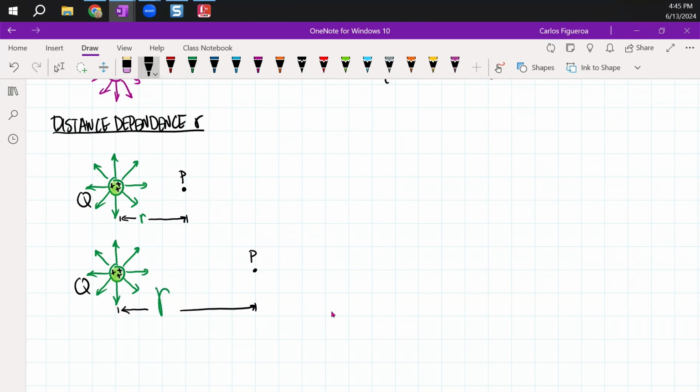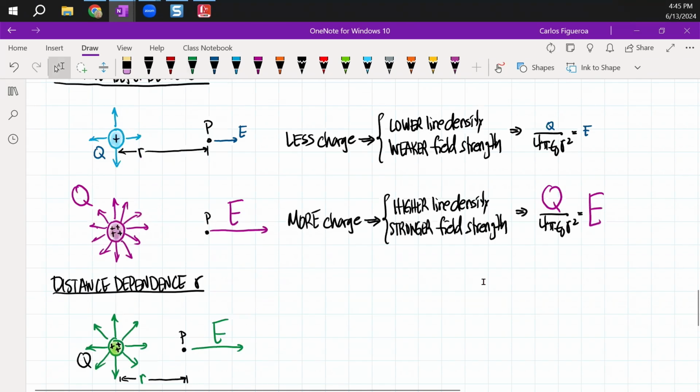So I have a large distance. So what we would expect, well, if it's closer, then I would expect that the field here should be larger. It's going to interact with it more. If I'm farther away, the field should be smaller. So then I play the same game as I did over here.